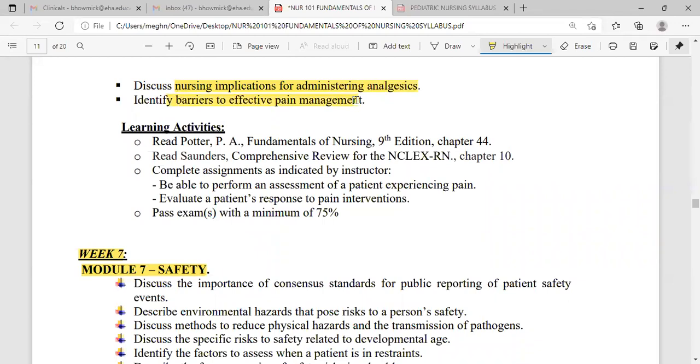Identify the barriers. Like, I have peptic ulcer disease, so NSAIDs are not safe for me. So we have to know what the concerns are about this. And learning activities like the Saunders book, Fundamentals of Nursing by Potter, and Saunders Comprehensive Review for NCLEX-RN, right? And passing of 75%.